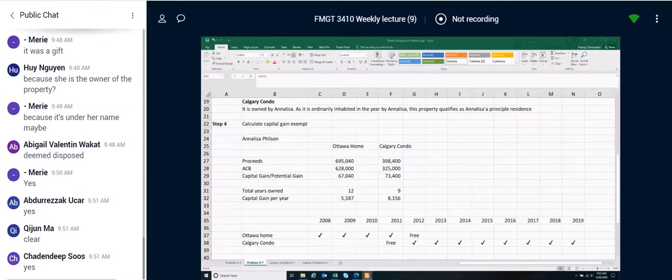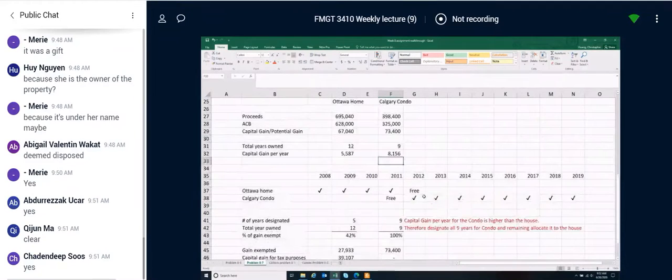Remember, you have to include the initial year, which is 2008. The Calgary condo, she acquired this in 2011. So again, 2011 to 2019. Again, it's 9 years, including the initial year. So when you do your calculation, you have a higher gain per year on the condo, and you want to prioritize your condo. So now you're doing your designations.